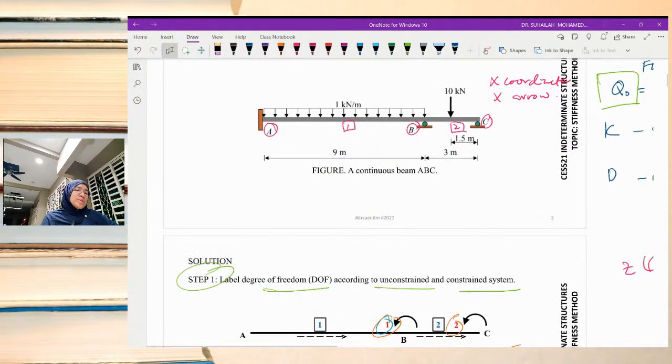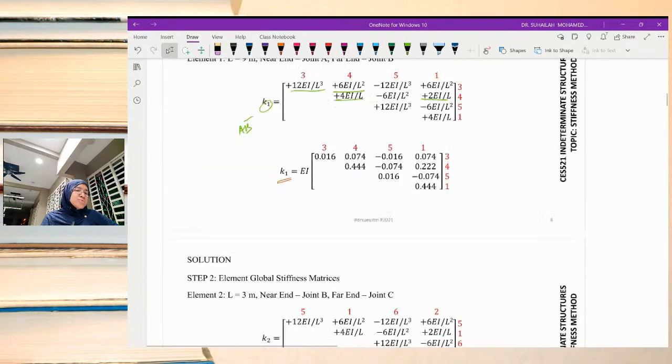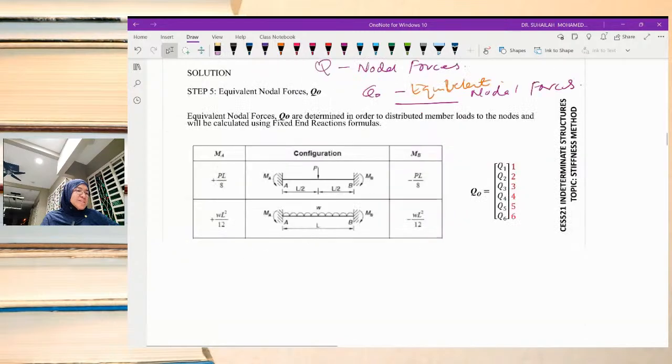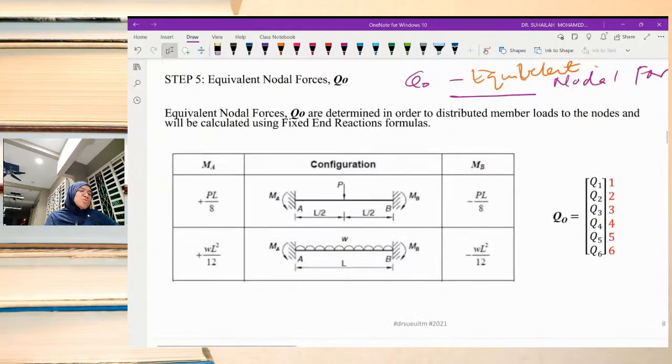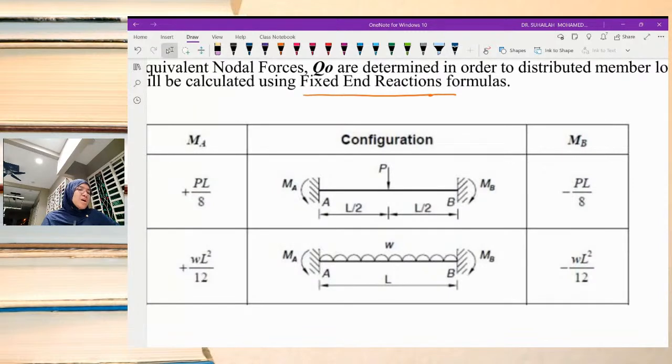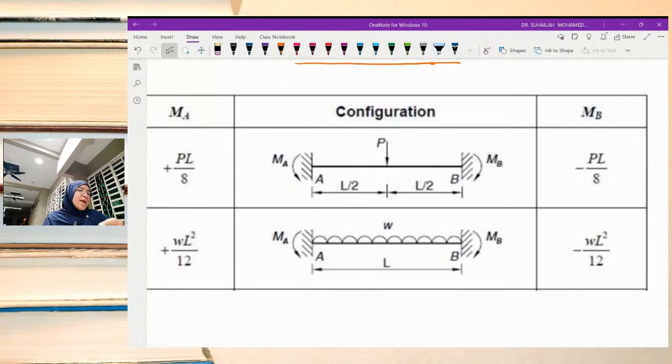Okay, so in order to do that, we have to understand fixed end reaction. So all this is called fixed end reaction. Okay, so these are all the formulas given actually. And by looking at this diagram, this P must be balanced because this P is subjected at the center.